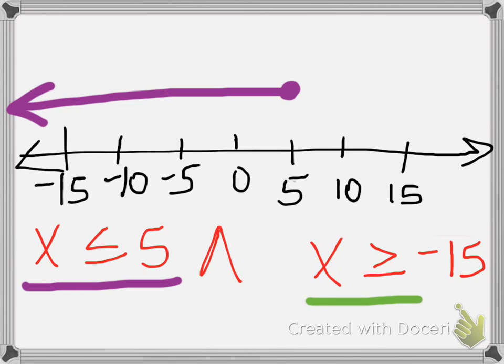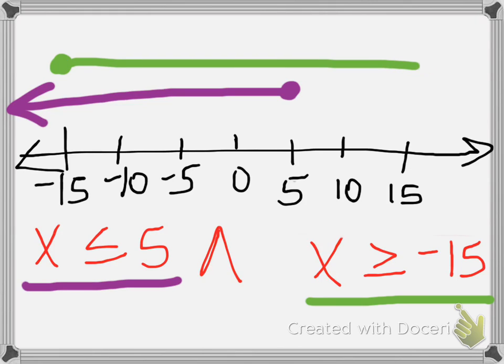Now I'm going to graph this next section that says x is greater than or equal to -15. So it's still a greater than or equal to, which means a closed circle above -15. And I want every number shaded that is bigger than that. So that means I'm going to shade to the right.